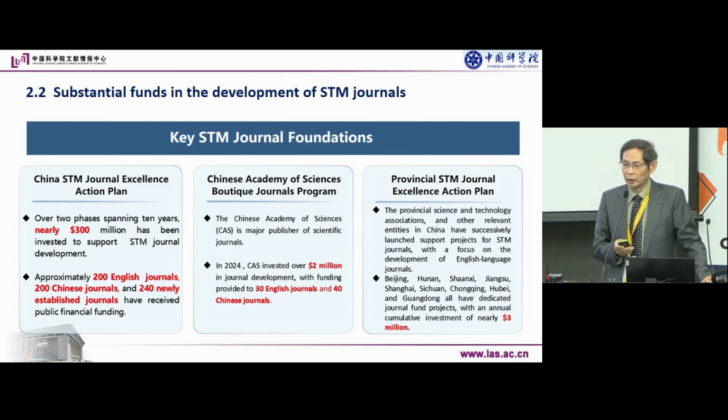Every year the government provides about 300 million to support STM journals, and about 200 Chinese journals receive funding. The Chinese Academy of Sciences has similar programs to support journals, and the provinces also have excellence action plans to support journals.